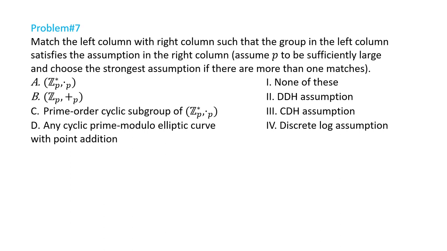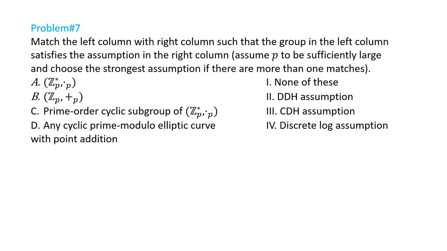C maps to 2, and any cyclic prime modulo elliptic curve with point addition. So basically cyclic prime modulo elliptic curves are used where the DDH assumption holds true, but not any cyclic prime modulo elliptic curve. There are restrictions.